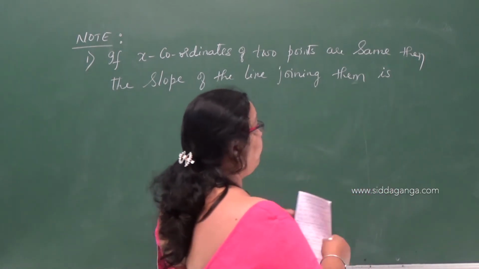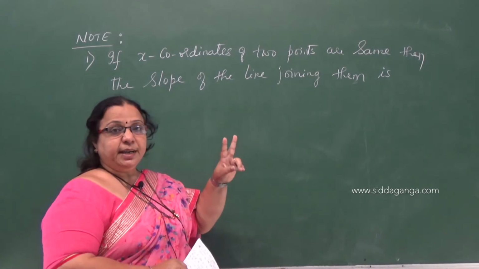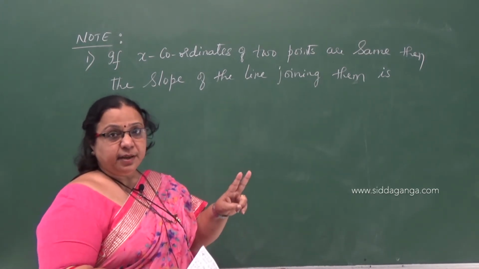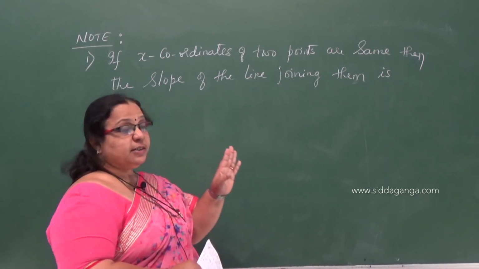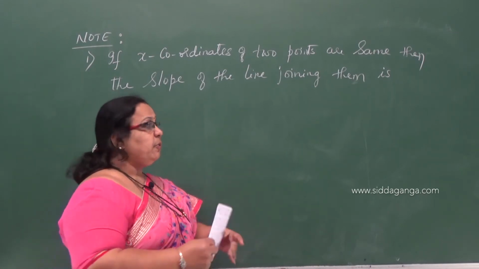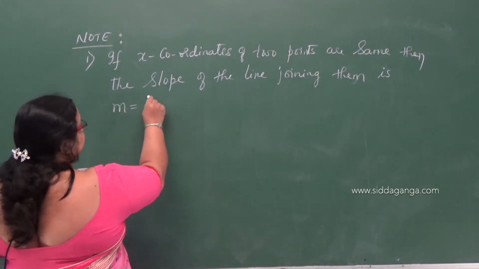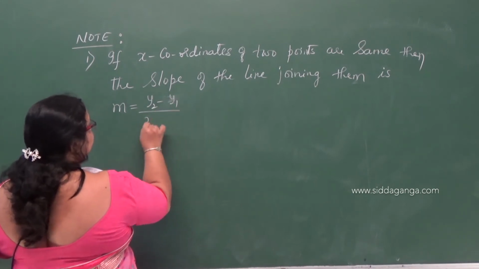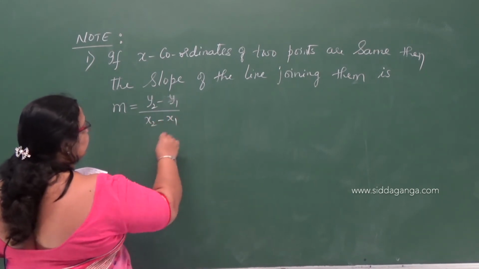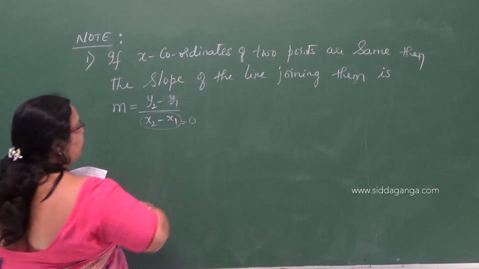When the x coordinates are the same, the difference between them becomes 0, that is x2 minus x1 becomes 0. The formula is y2 minus y1 divided by x2 minus x1, so the denominator becomes 0.